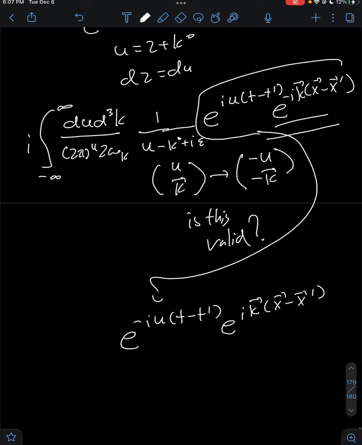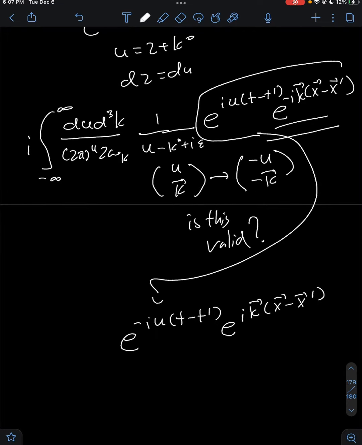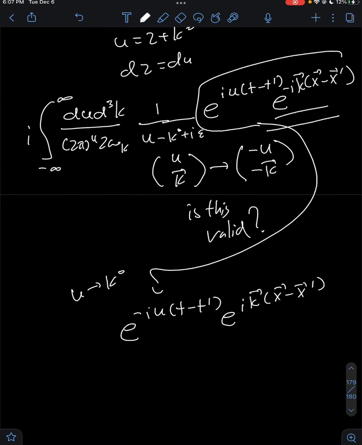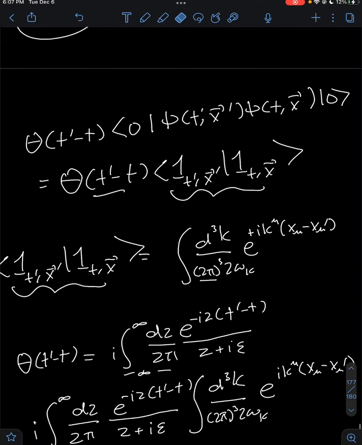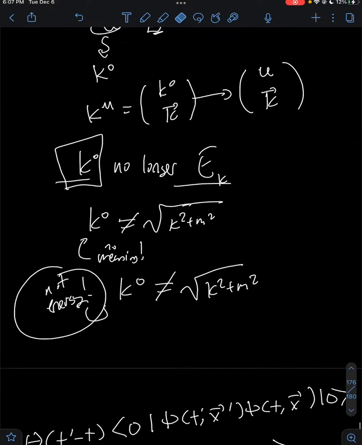Now again, if we use the same trick where we label u to be k naught, we can then write this as e to the minus i k mu x mu. Sorry, did I say k mu x mu before? Okay, no, we are.